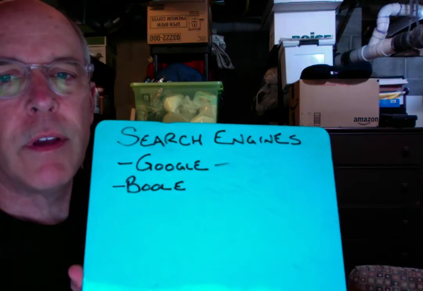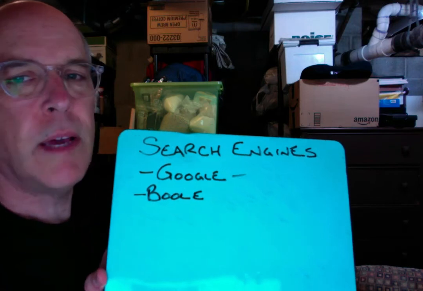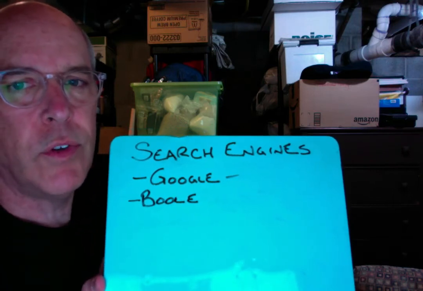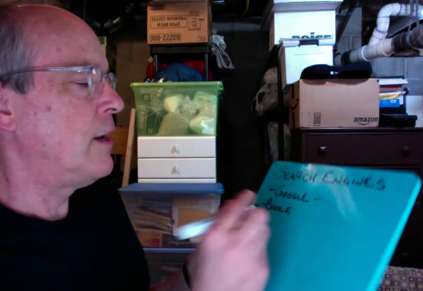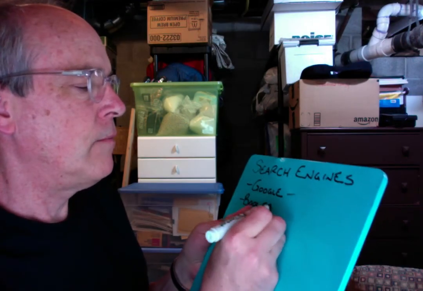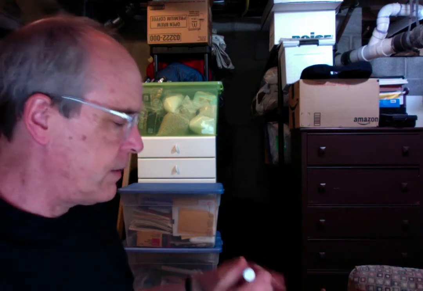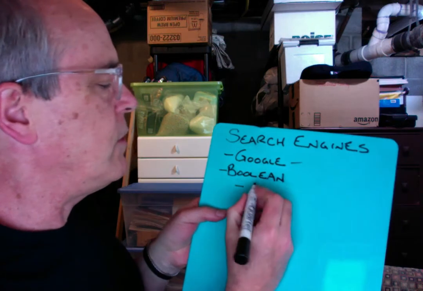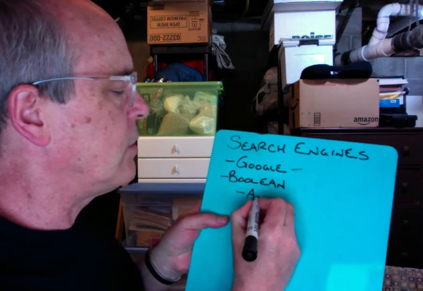The other thing I wanted to talk about was what they call Boolean operators. There was a mathematician named, what was his first name? George, maybe? I think a British mathematician named Boole. I'm not a mathematician. His big thing was these logical terms that are now often used in search engines and searches.